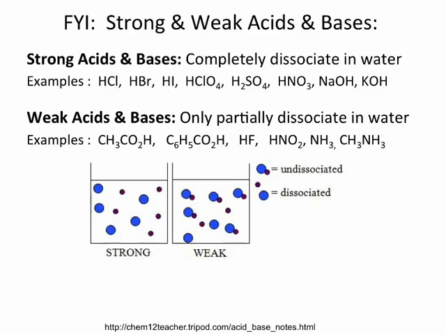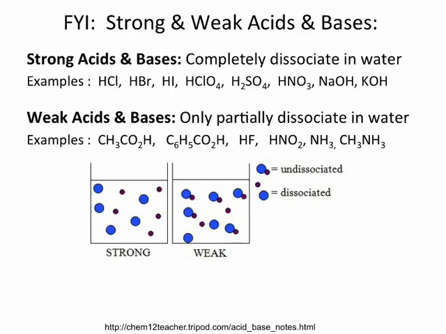So the word strong is associated with the acids that completely dissociate in water, like the picture we were just talking about. There's this whole category of weak acids and bases that only partially dissociate in water, maybe 2 to 3% split apart into the H+ and the rest of it, or form hydroxide, whatever they're doing. And then the rest of it stays together. And acetic acid is a weak acid.